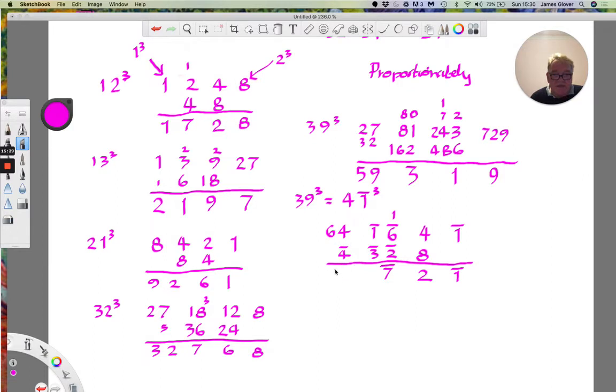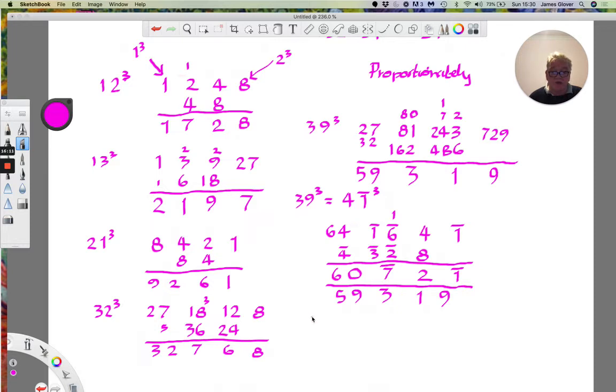Sum up this, we get 60. But we've got these vinculum numbers, so you're going to have to devinculate. 60 take away 1 is 59. 7 from 10 is 3. And this is equivalent to 20 take away 1, which is 19. So we've arrived at the same answer, but the arithmetic is much easier.